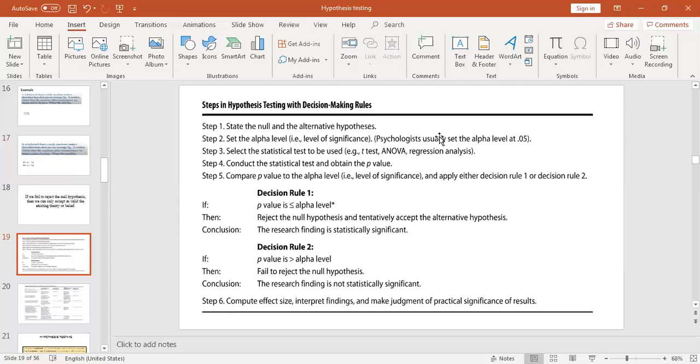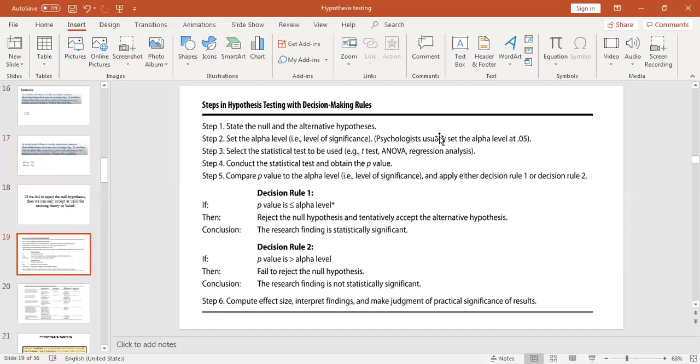Most probably it would be 0.05. And you have to select the statistical test. In order to do hypothesis testing, you can either go for a t-test, ANOVA, or a regression analysis. Since we have already covered regression and ANOVA, in this particular lesson we are going to focus mainly on the t-test. So you have to select the statistical test, then conduct it and obtain the p-value.